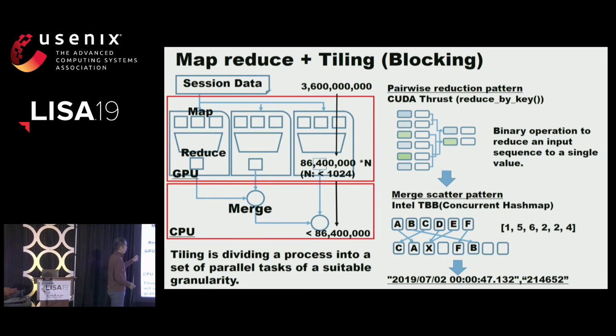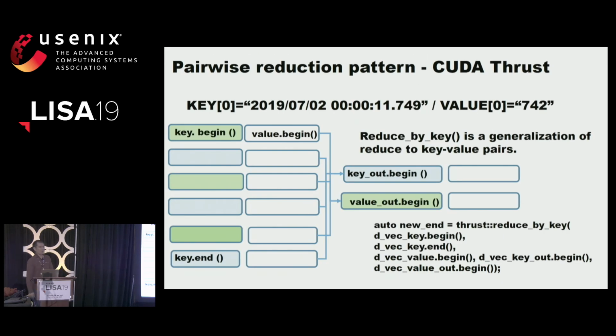So in this slide, we have adopted the pairwise reduction for the upper side, and we have used the merge scatter pattern for the lower side of this figure. Pairwise reduction looks very naive.